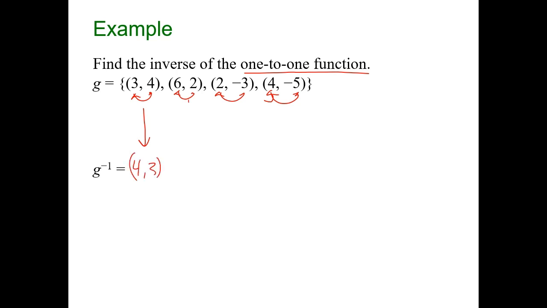Instead of having (6, 2), I'm going to switch it to (2, 6). Instead of having (2, -3), it becomes (-3, 2). And instead of having (4, -5), it switches to become (-5, 4). That allows us to identify the inverse function by switching all of the x and y values to create new ordered pairs.